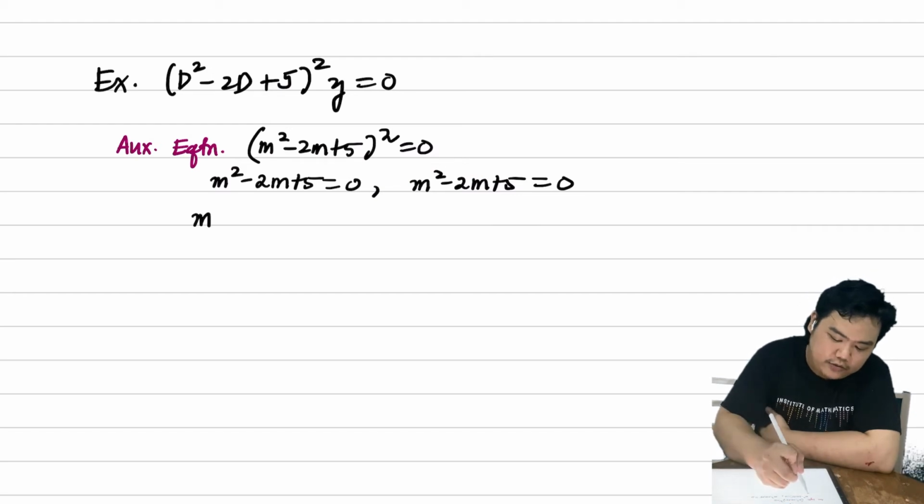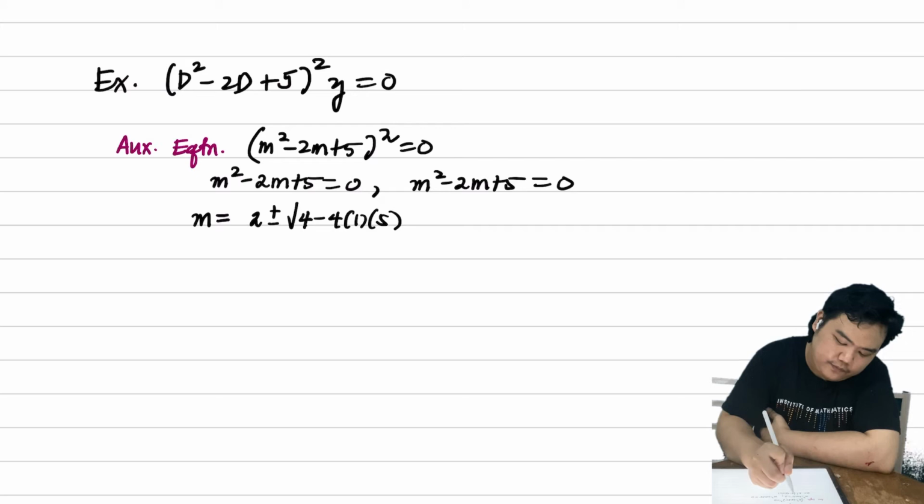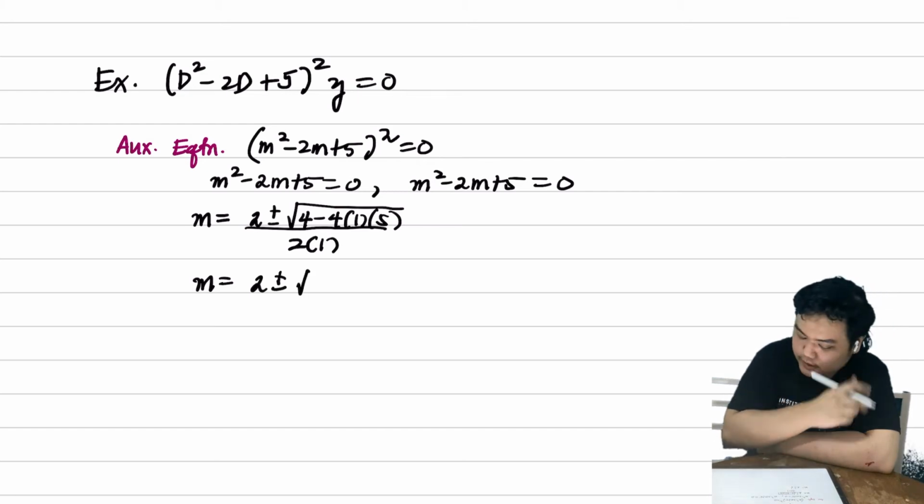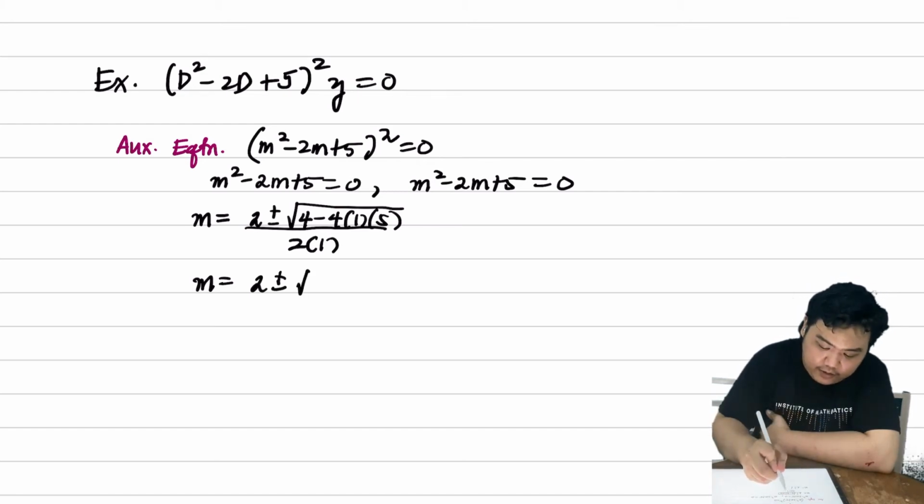Okay, so we actually use the quadratic formula. Negative b plus minus square root ng b squared minus 4ac all over 2 times a. So, ang m natin, 2 plus minus, ano na yan? 4 minus 20, negative 16 over 2.